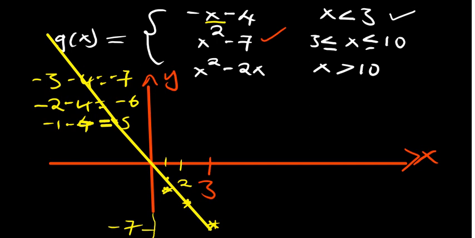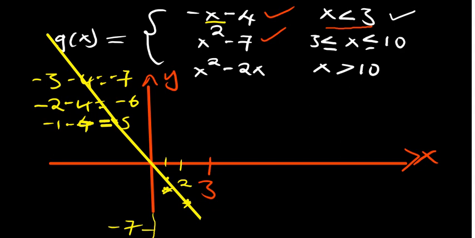Just before we move on, the first one was x less than 3, so 3 is not included. So let's try to remove this part of the function. So it's only ending somewhere closer to 3 and not 3 itself. Somewhere just a point before 3. That's what is being defined by the first equation.